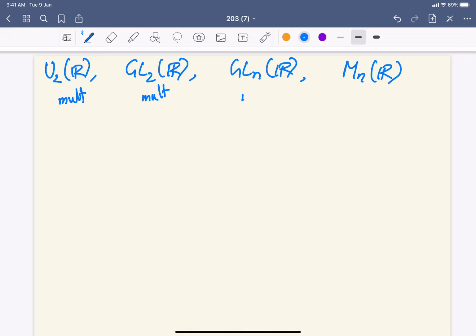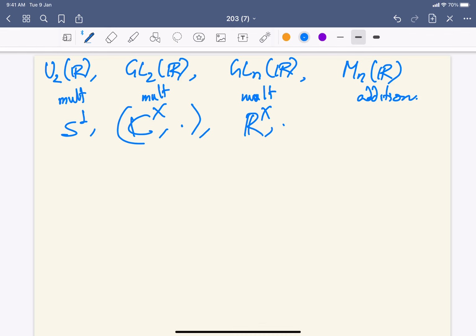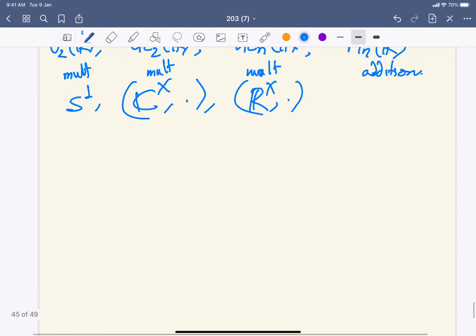The first three each form a group under matrix multiplication, and this one forms a group under addition of matrices, etc. You have also seen the group S1. You have also seen the group C cross with respect to multiplication, and then R cross with respect to multiplication, etc.